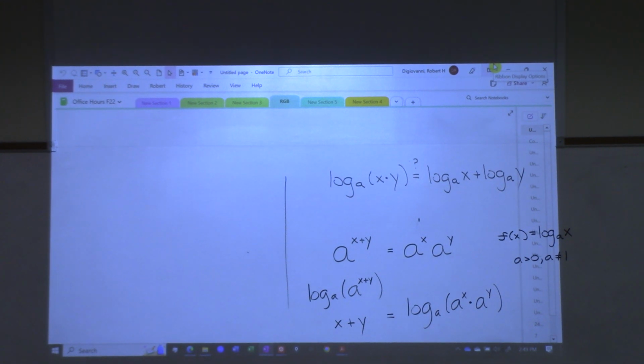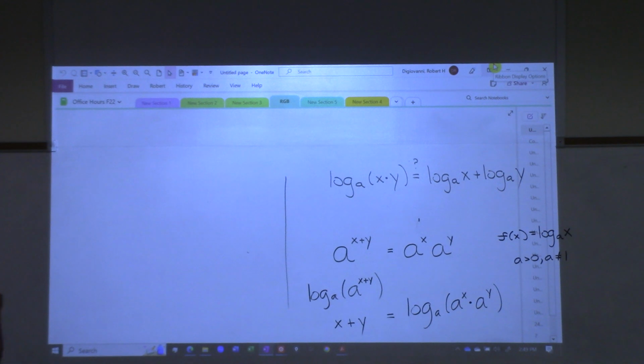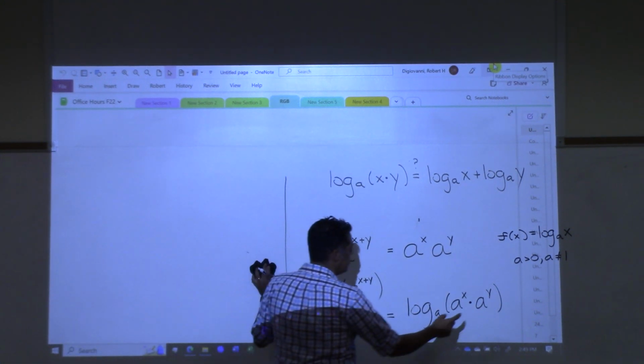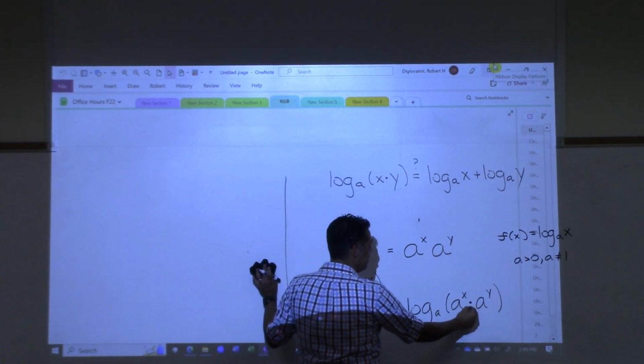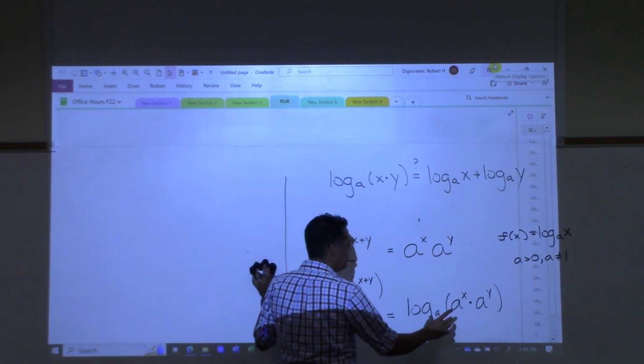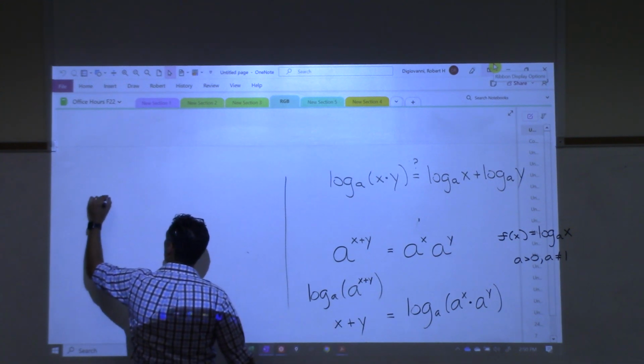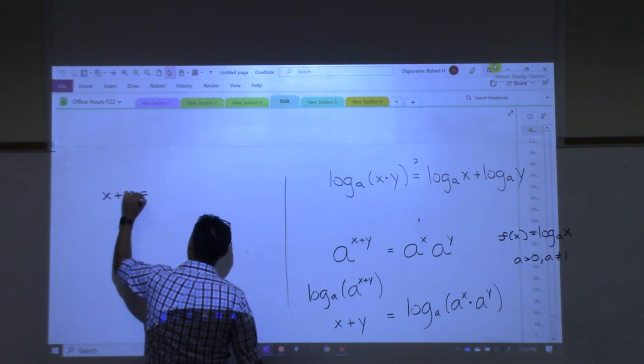Anyone see what I can do or no? I'm not sure I understand. I just want to make sure I understand. Say again? You mean put these together and then get a to the x plus y? If we do that, I think we're going to wind up back where we were, right?